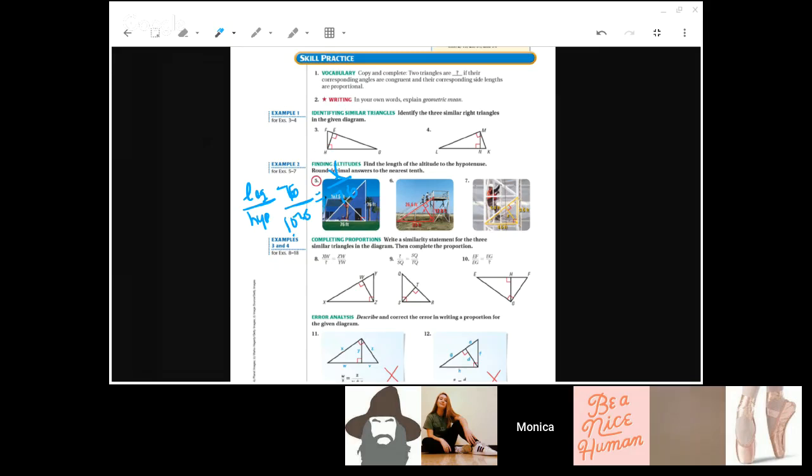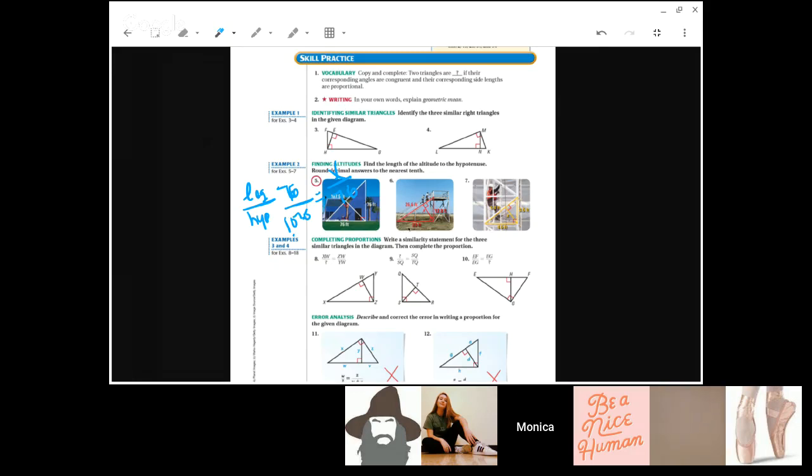So for 6 and 7, you're going to do that same thing. You're going to figure out what measurement you have, whether hypotenuse, short leg, or long leg, set up your proportion from one triangle, and then set up your proportion for the other triangle. But keep in mind, like on number 6, you're solving for that altitude.